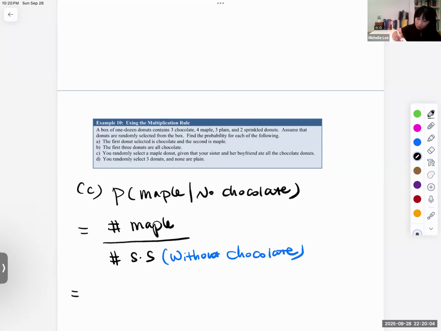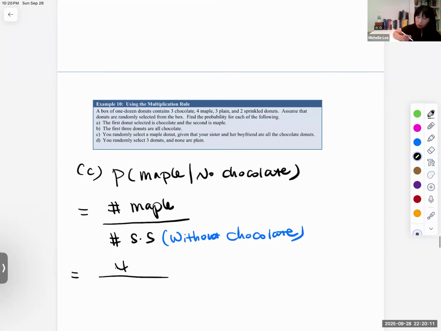How many maple? 4 maple, right? How many in the sample space without chocolate? We had 12 minus chocolate, which is 3, so 9. So it will be 4/9. Can you please calculate, which is 0.4444. Very good.